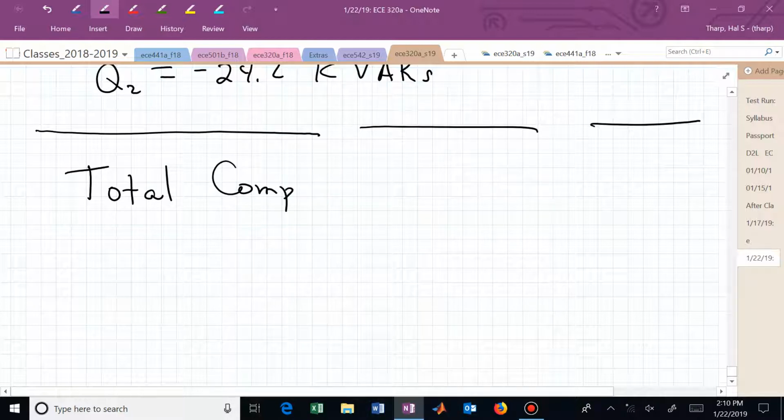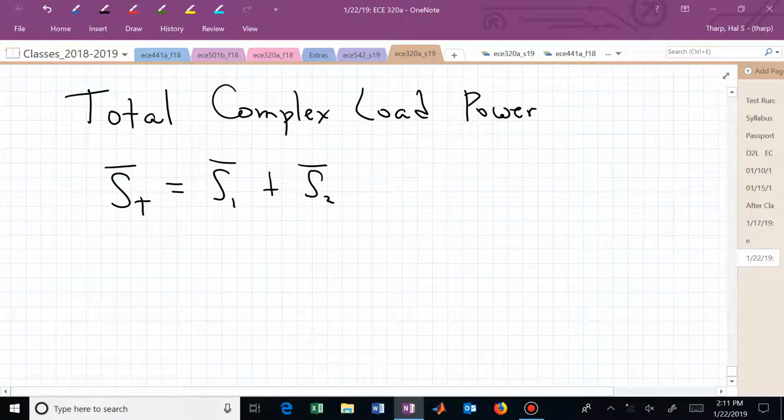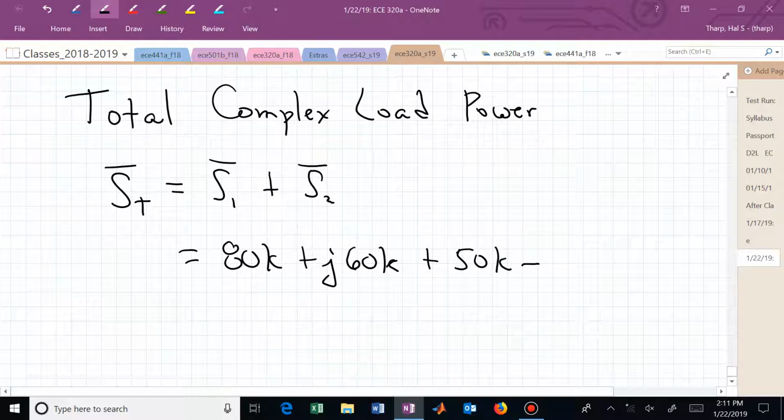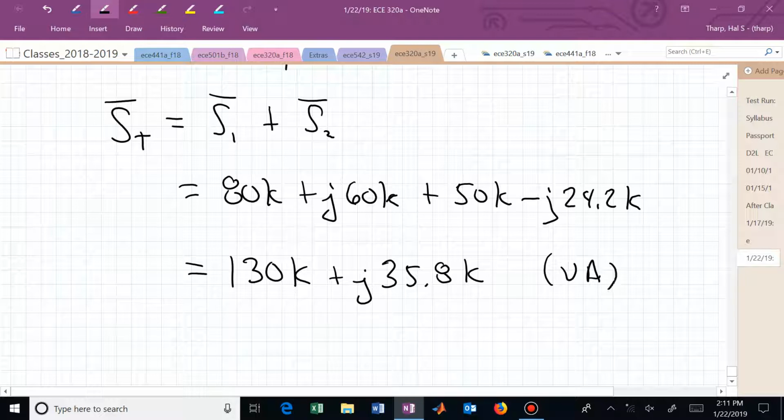Now we can compute the total complex load power, and that's going to be the algebraic sum of complex power 1 plus complex power 2, or that's 80K plus j60K plus 50K minus j24.2K, or that's now 130K plus j35.8K, and that's volt amperes.